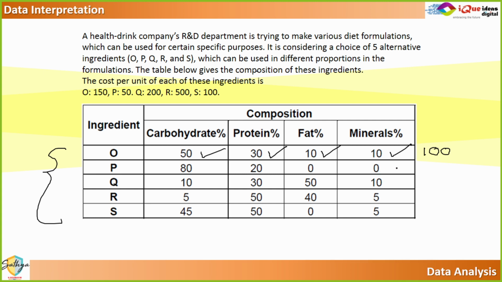So obviously the remaining two are 0. So out of 100%, how much is carbohydrate, protein, fat, and mineral is given in each of these elements. So the cost of these units is given, and the composition of the different types of constituents in each is given. That is basically what this table says.